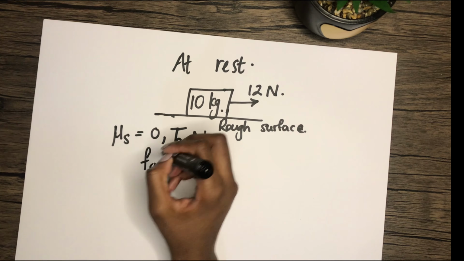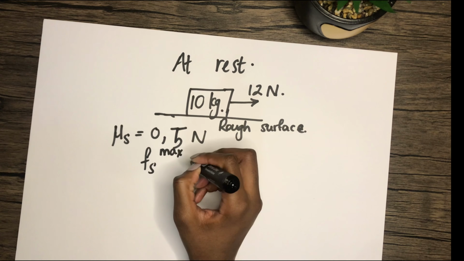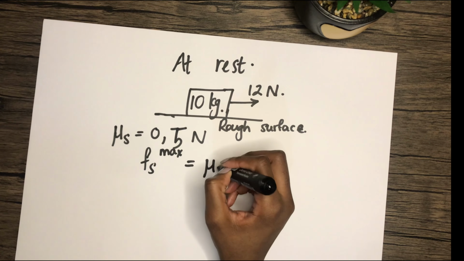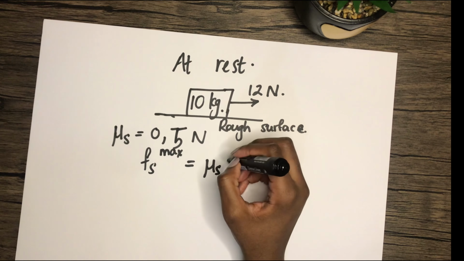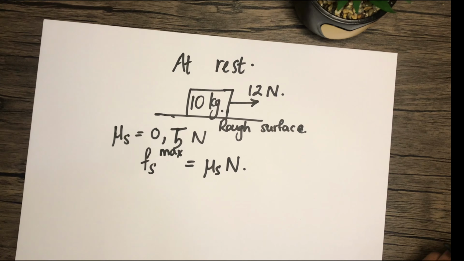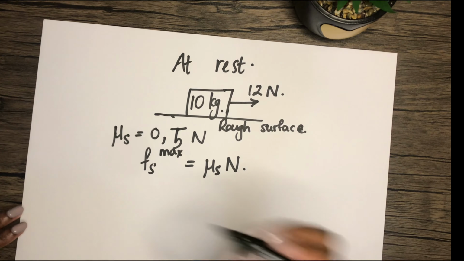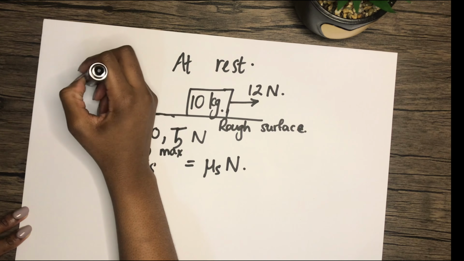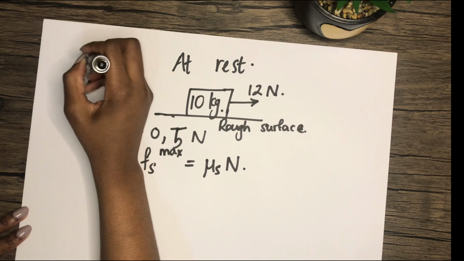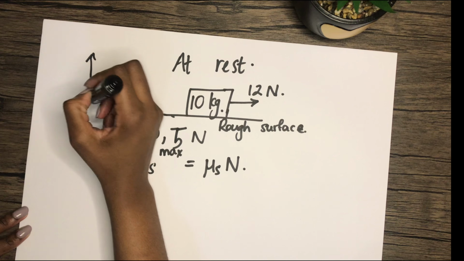The Fs max, the force you need to overcome to get this object to move, is equal to mu s times n, right? Now n, I usually say, is good for you to always find or calculate from your free body diagram.